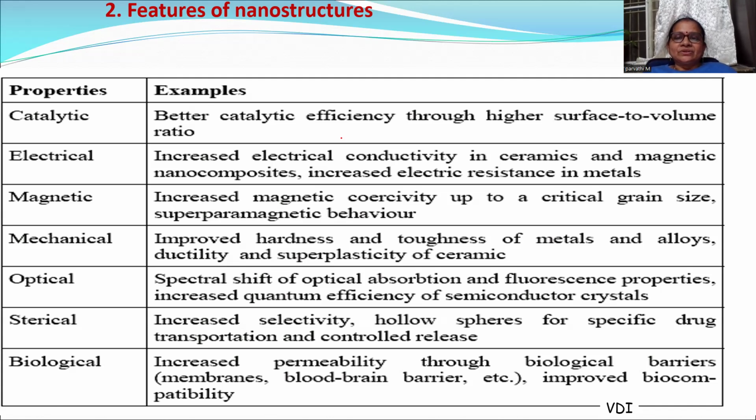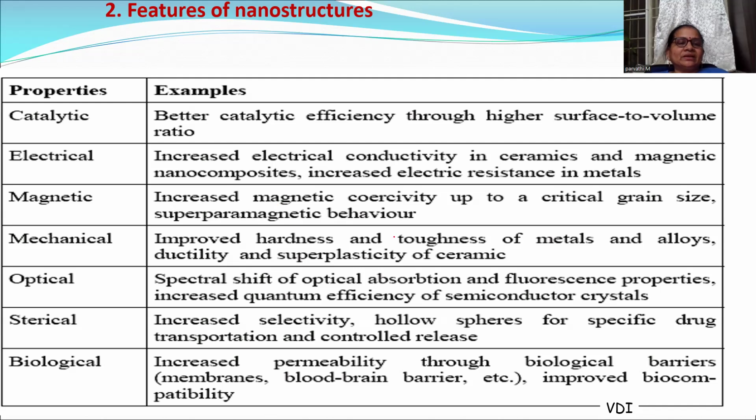Instead of big scale materials, we can use nano, which increases electrical resistance in metal. Similarly, under magnetic applications, the properties include increased magnetic coercivity up to a critical grain size and superparamagnetic behavior.